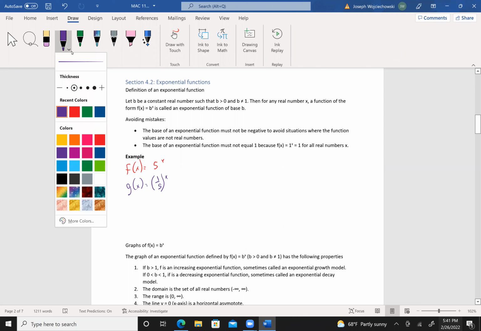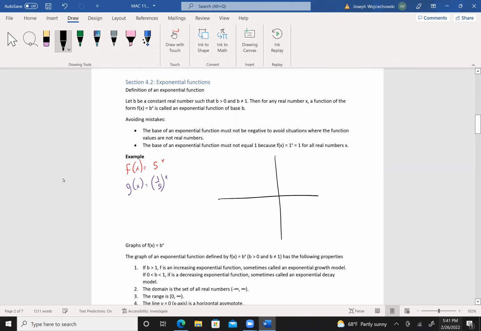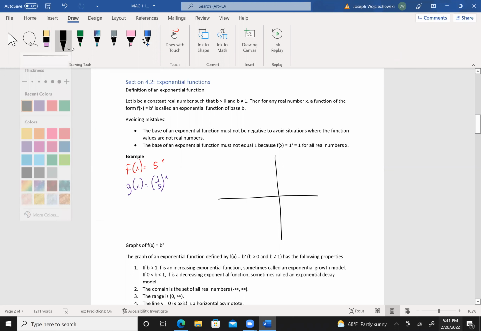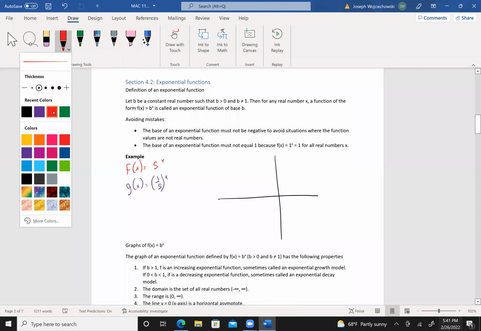Okay, so let's draw our graph here, and let's look at f of x. Let's just graph these functions. We'll let x equal 0.